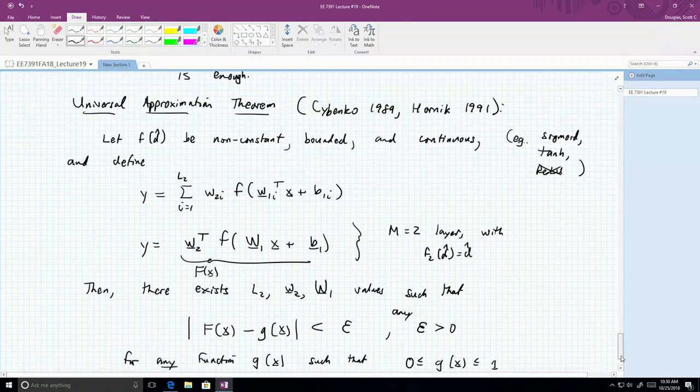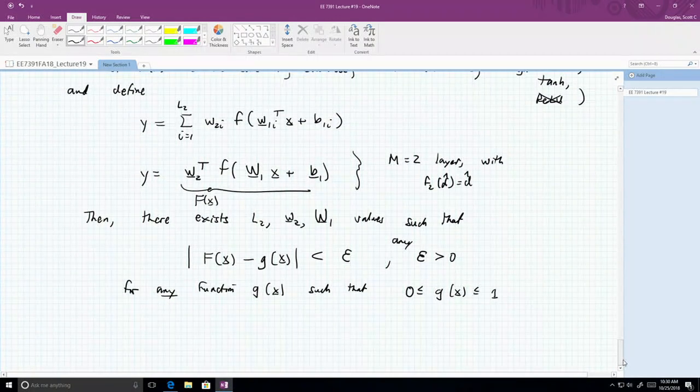So you might ask the question, why go to more layers? Why bother with more layers if I can do an approximation with this? Well, the thing is, they don't really tell you L2. Obviously, L1 is defined by the number of inputs you have, but they don't tell you what L2 is. L2 could be huge, right? It could be thousands, it could be millions. It's not really clear how big that has to be with respect to a particular function.